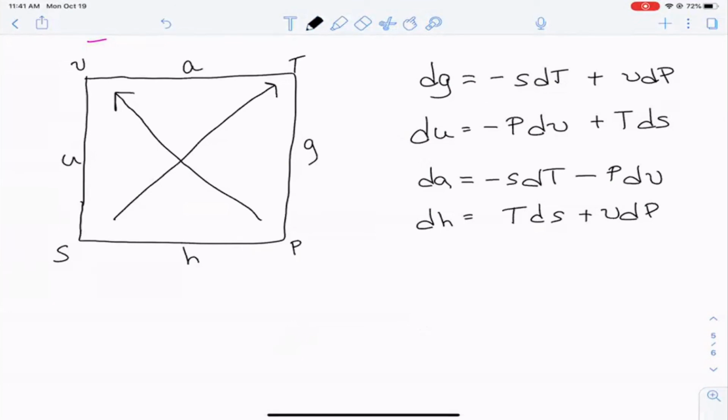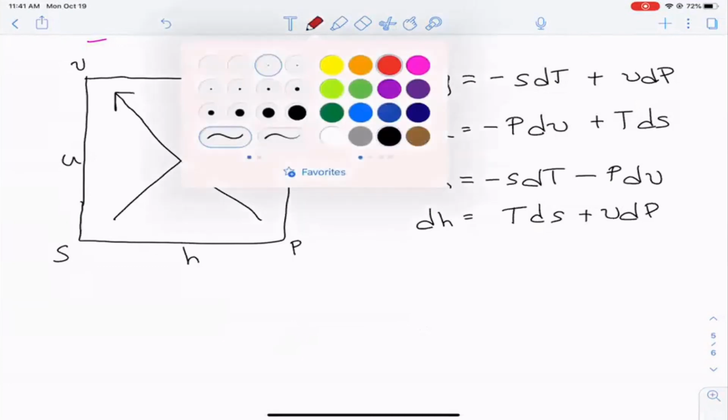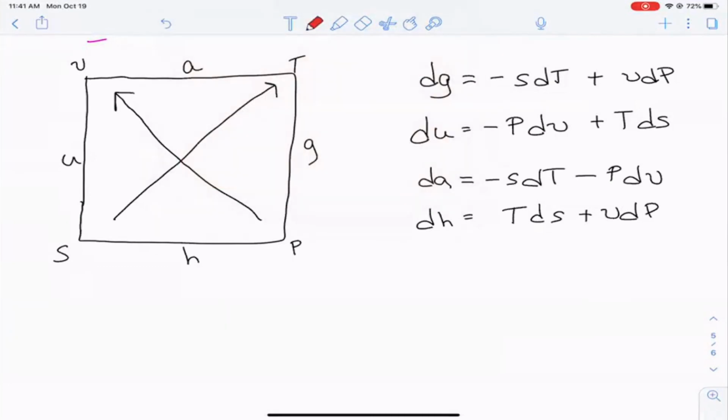All right, so the Maxwell relations are slightly more complicated. The way that I do a Maxwell relation is that I start at a corner of the thermodynamic square, and I'm going to make kind of an L shape. So I'm going to go up and over.